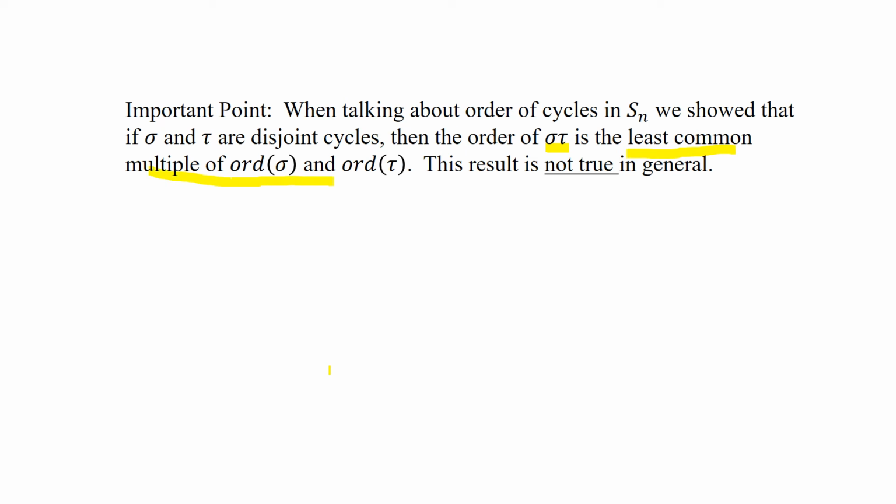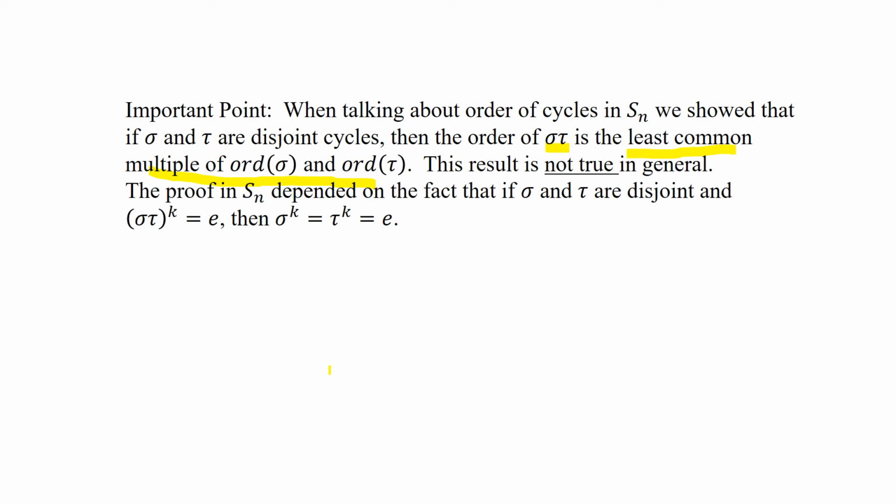That is not true in general. It is true in the symmetric group, but not in a general group. In the symmetric group, we had a very strong property of disjoint cycles, and that was that if I have a product of disjoint cycles and the kth power gives me the identity, then each of those individually, when raised to the kth power, gives me the identity.